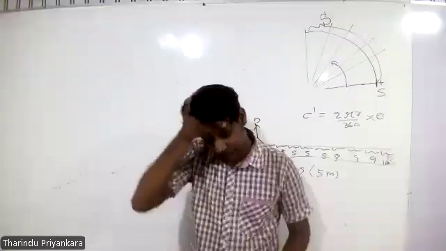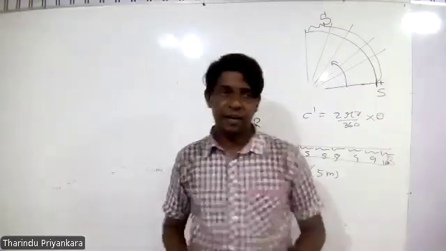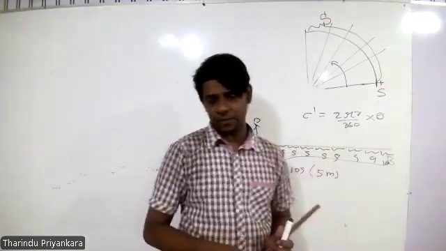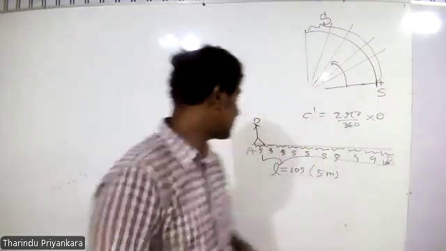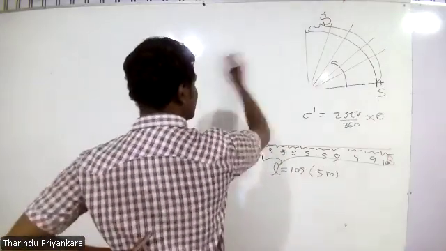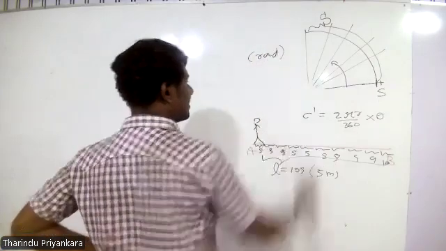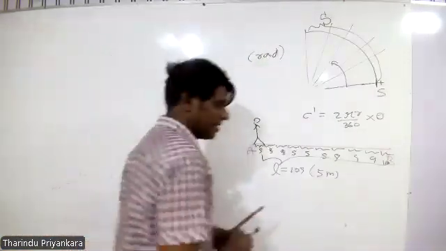Now write this in a new line. Angular displacement. Did you write the topic angular displacement? Angular displacement is measured in a unit called radian. Write that with the topic, rad.